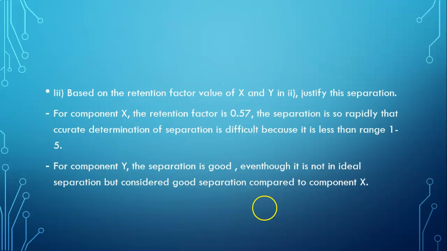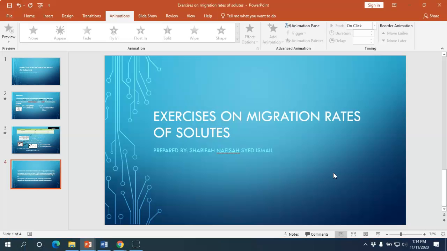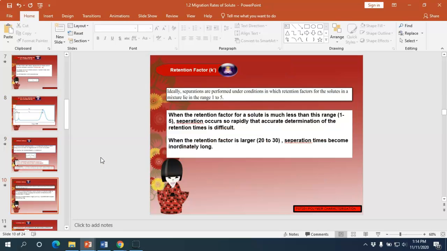And the last question: based on the retention factor values of x and y, justify this separation. This question wants you to justify the separation based on the retention factor values kx and ky that you got here. You can conclude it based on our notes. Let me show you. If the question asks you to justify the separation, you must use this explanation.